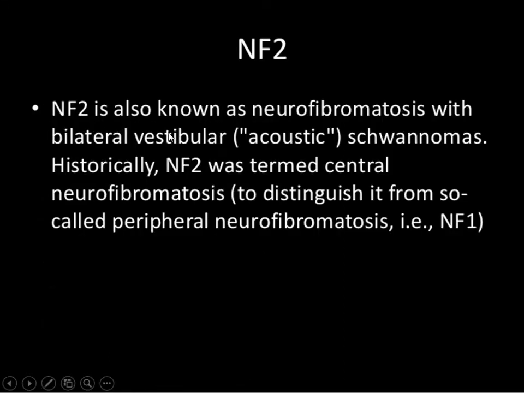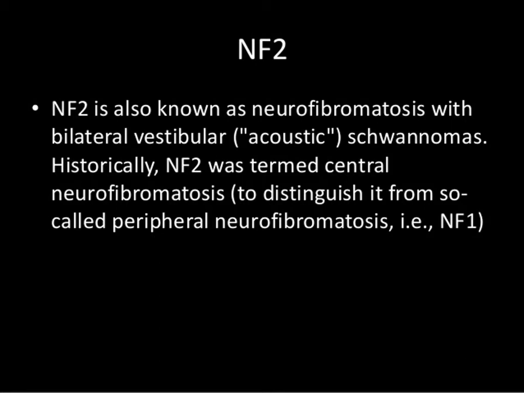Neurofibromatosis type 2 is neurofibromatosis with bilateral vestibular acoustic schwannomas. Historically, type 2 was termed central neurofibromatosis to distinguish it from so-called peripheral neurofibromatosis. In type 2, central manifestations must be present, 100%.